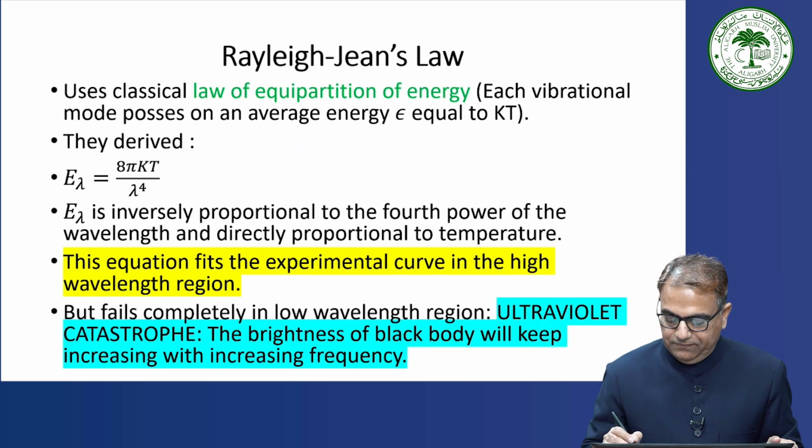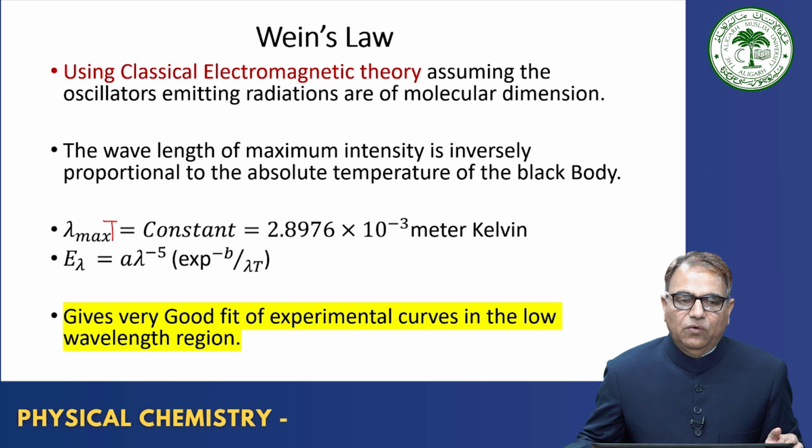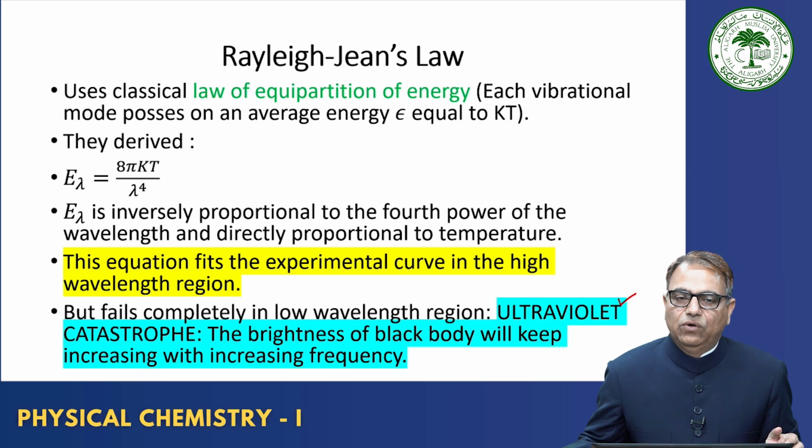So one law, Wien's law, was giving a good fit of the experimental curve in the low wavelength region, and the other, the Rayleigh-Jeans law, gave a good fit in the high wavelength region.